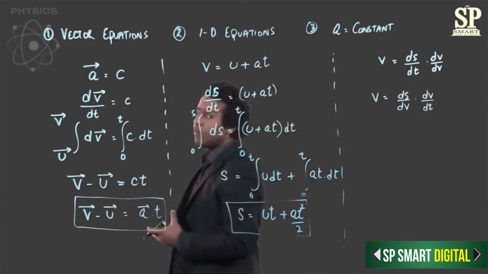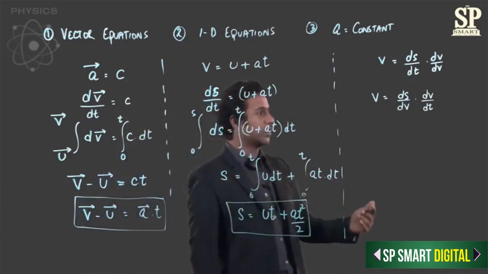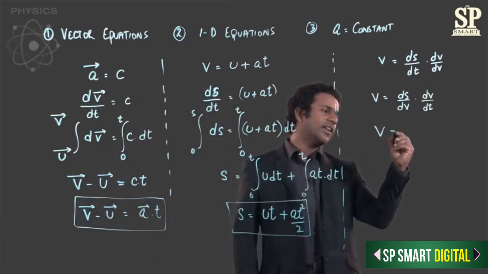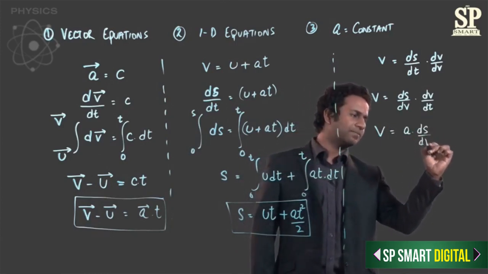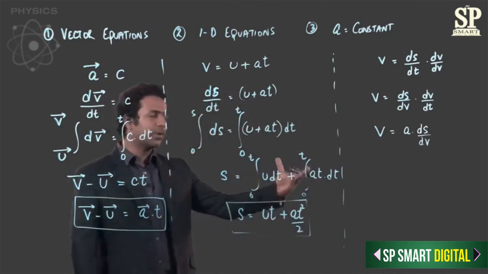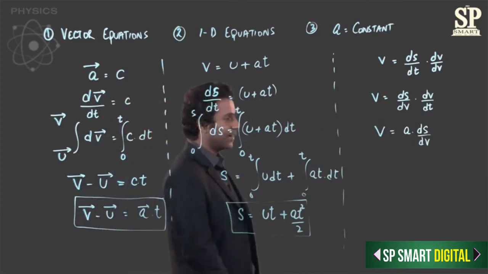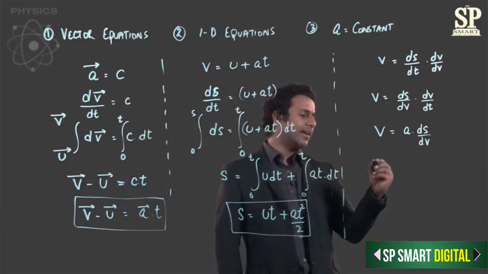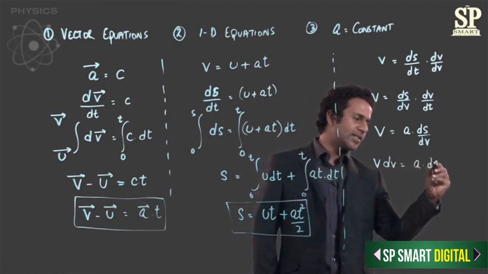Now dv by dt, you know, is nothing but the acceleration. So you could say that v is equal to a into ds by dv. In the current form, I'm sure you can see what is to be done next. You will bring dv to the left hand side. So we get v dv is equal to a ds.